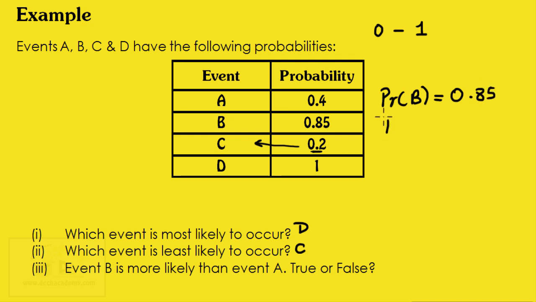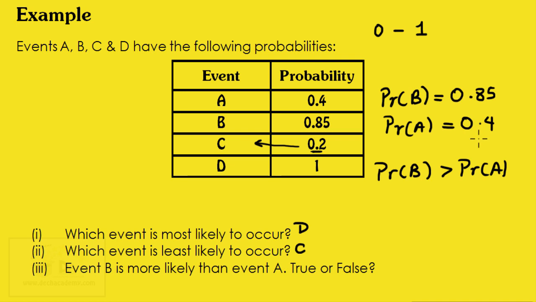And the probability of event A is 0.4. You can tell that the probability of event B is greater than the probability of event A. 0.85 is greater than 0.4. Therefore, this statement is true because the event with the larger probability is more likely to occur.